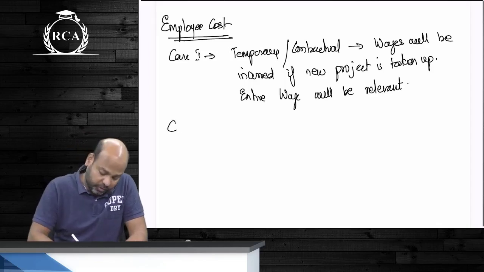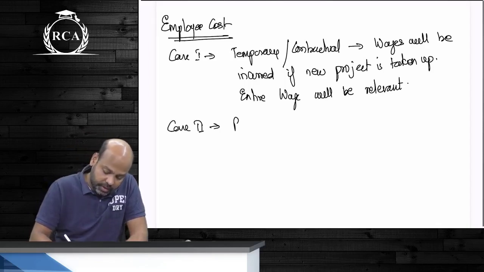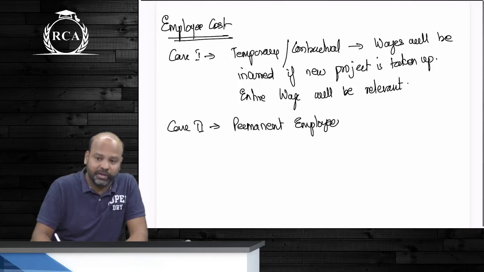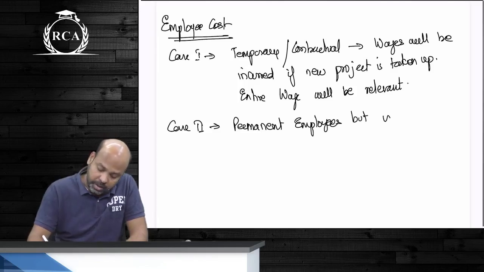Next, case 2, permanent employees, but underutilized. That is, spare capacity is available.